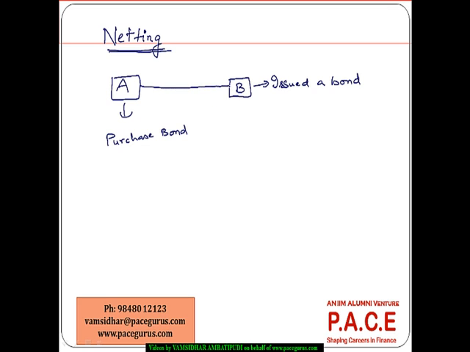Okay, so what is the kind of transaction? B is liable to pay interest and the principal to A as and when they fall due.